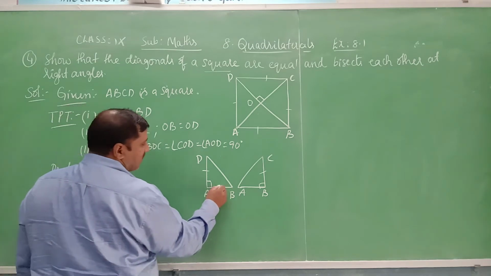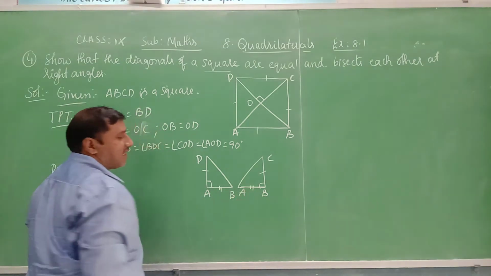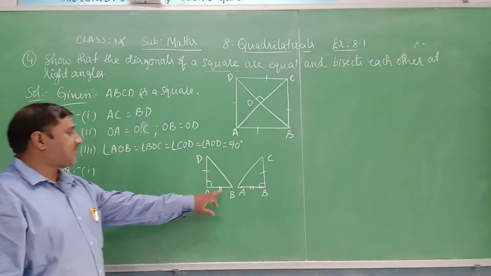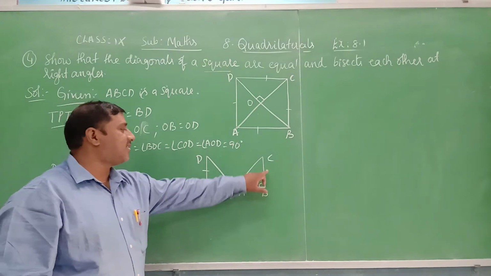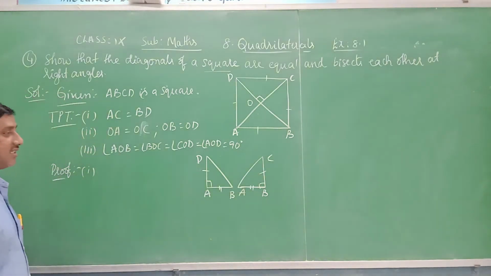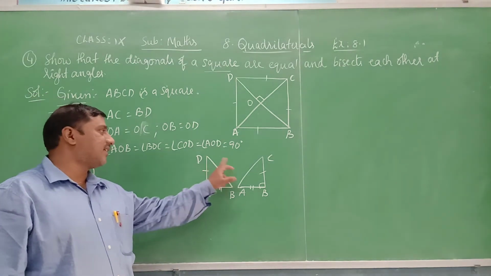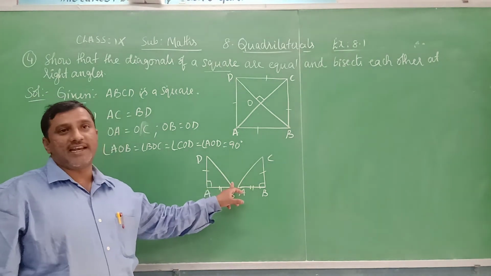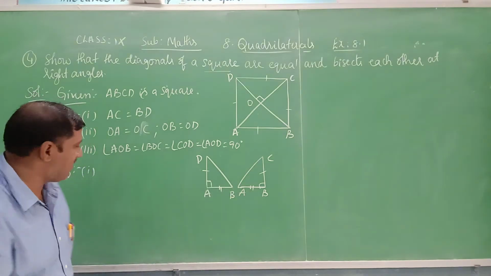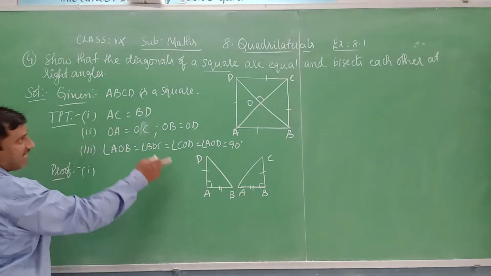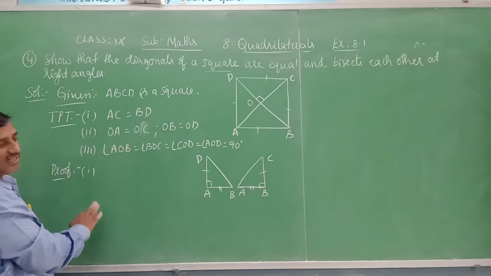AB is the common side for both the triangles. Now, side angle side, SAS congruency, the two triangles are congruent triangles. Therefore, by CPCT, AC is equal to BD. The leftover sides are equal. So, to prove the first identity, take the two adjacent triangles.